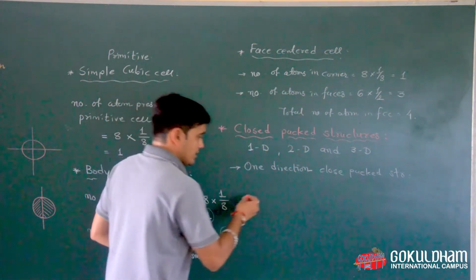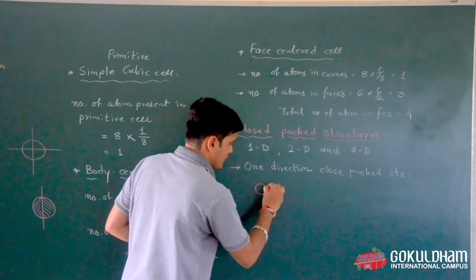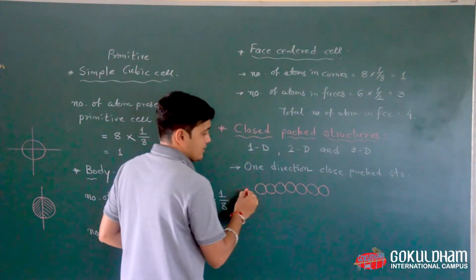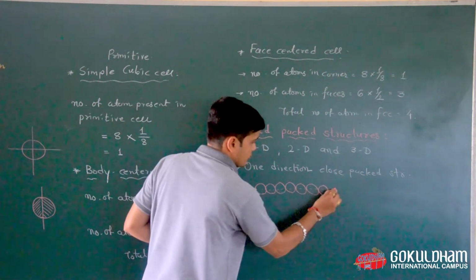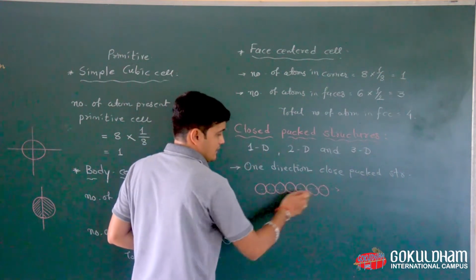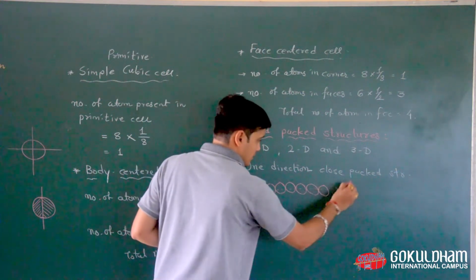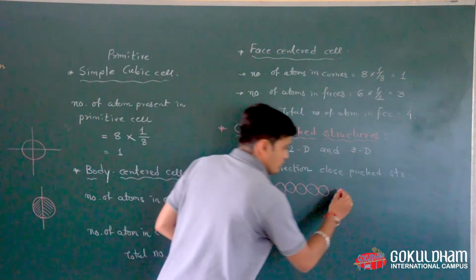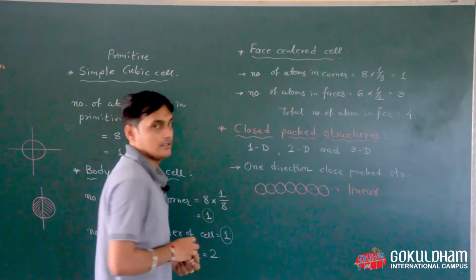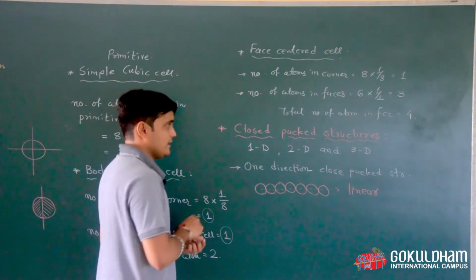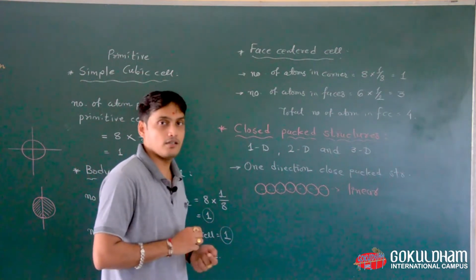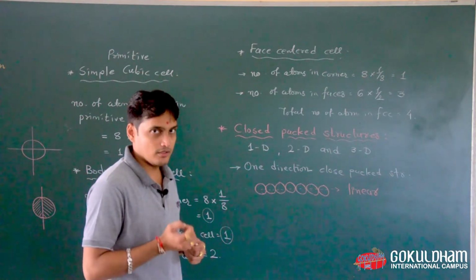We can see the arrangement of molecules in a linear motion. All atoms are connected with each other and moving in a single direction. So you can see the shape as linear. In this close packed structure, you have to remember the coordination number of every atom or molecule.